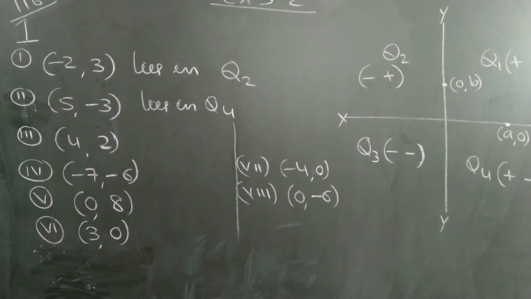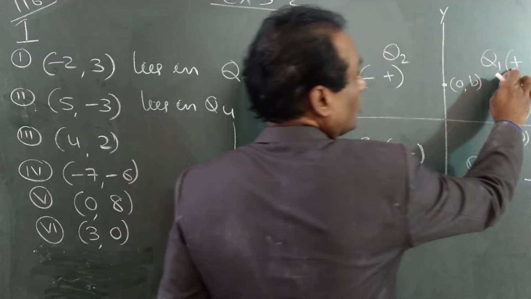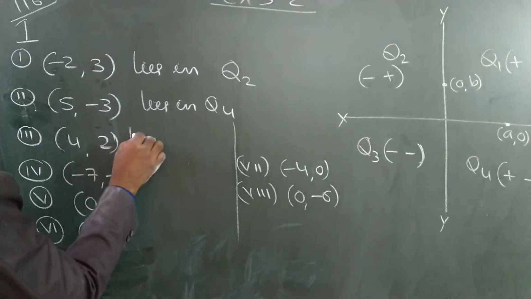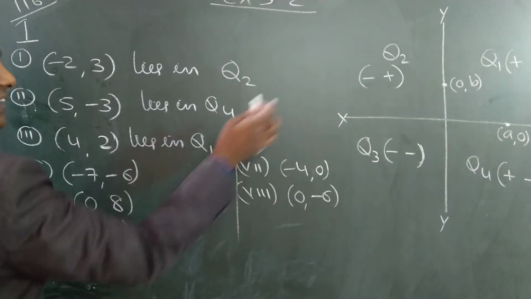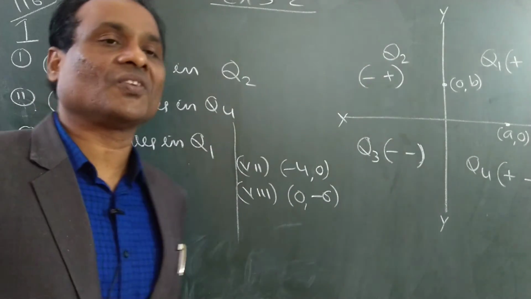Four comma 2. X positive, Y positive. Both are positive. Lies in which quadrant? First quadrant. X positive, Y positive lies in first quadrant.